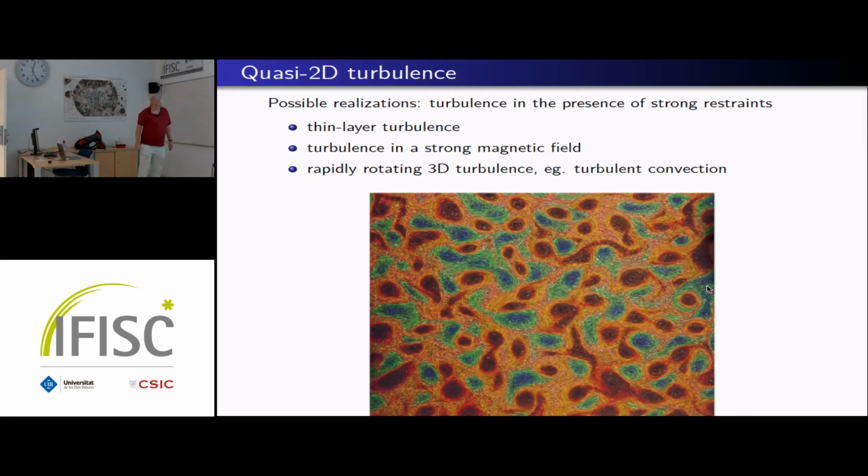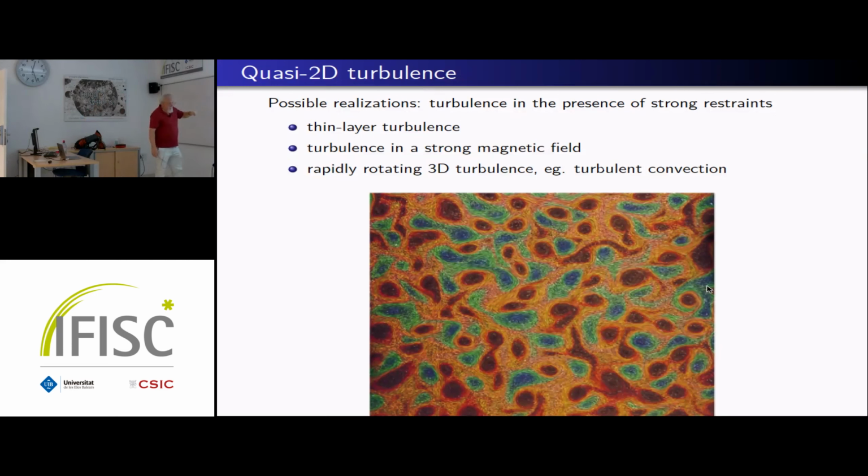So there are various ways of trying to see what would happen if you add a 3rd dimension, okay? And so one thing that has been done in experiments is that people study turbulence in a fluid layer, and then they decrease the height of the layer. And then there's a critical height below which you start seeing these large-scale condensates spontaneously appearing on top of the turbulent state.